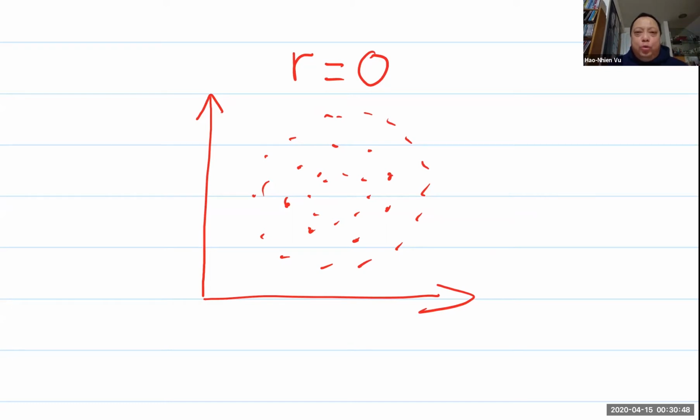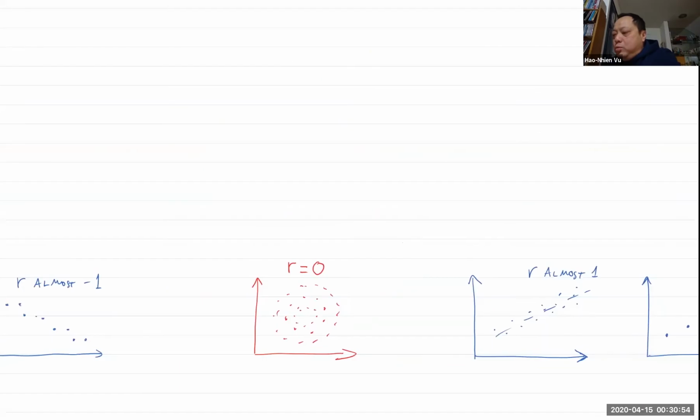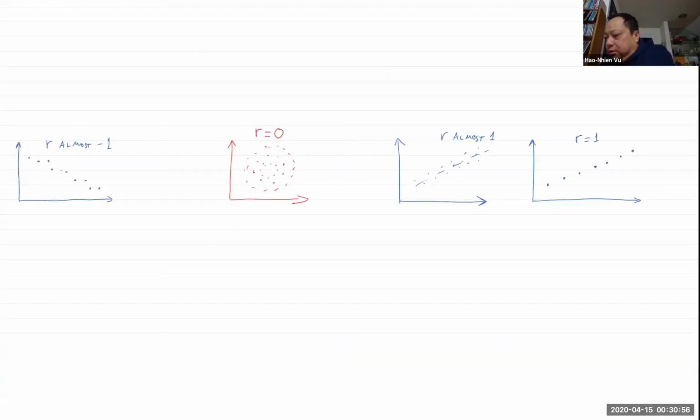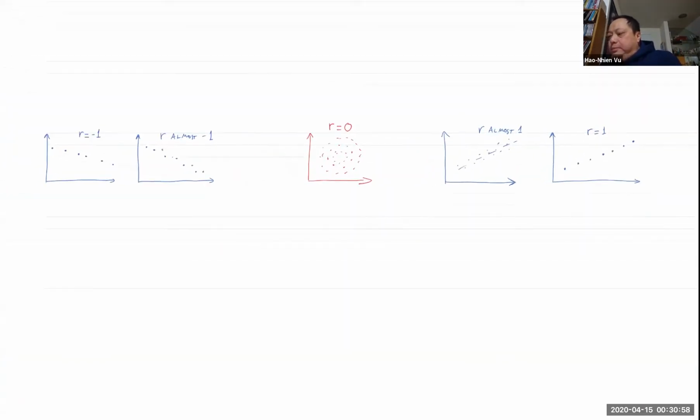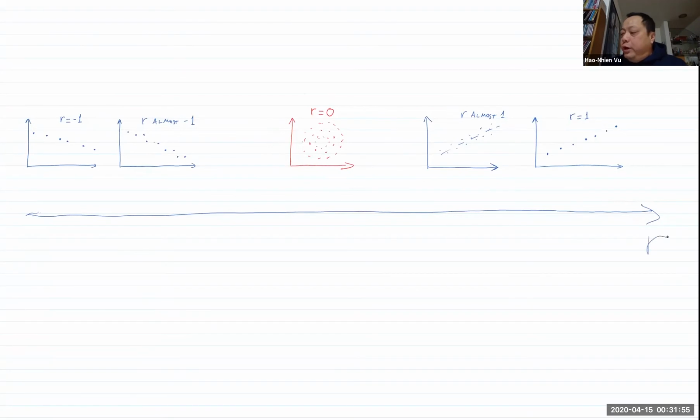How close to 1 is good? How close to -1 is good? Well, let's look at the whole layout. Let's look at the whole number line of R. R can be as low as -1 or as high as +1. Anything that's near +1 or near -1 is good, and everything that's near 0 is no good.